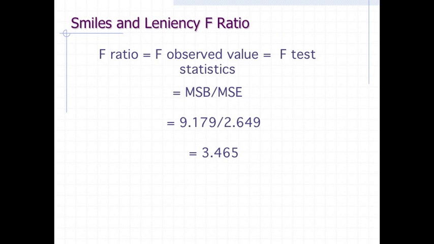For the Smiles and Leniency data, the MSB and MSE are 9.179 and 2.649 respectively. Is that difference big enough? To answer, we would need to know the probability of getting this big of a difference or a bigger difference if the population means were all equal.